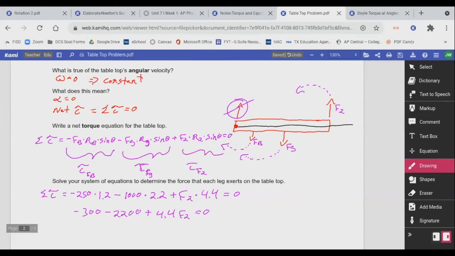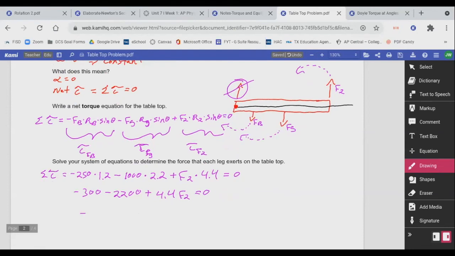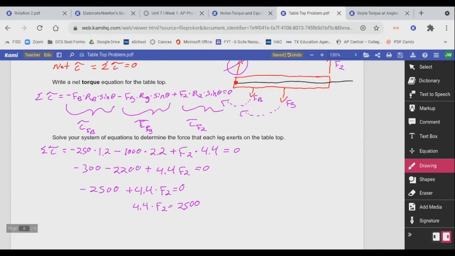So negative 300 minus 2,200 would be negative 2,500 plus 4.4 times F2 equals 0. If I add 2,500 to the other side, I get 4.4 times F2 equals 2,500. So now I've got 2,500 divided by 4.4, and I get not a very clean number, but it's a number, 568 newtons equals force of 2.